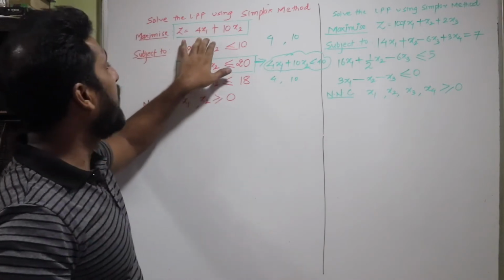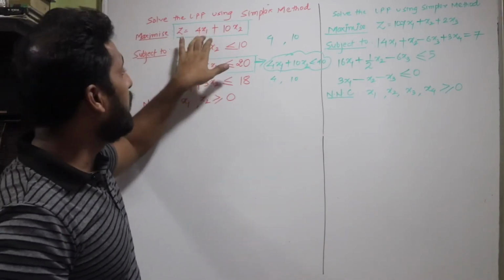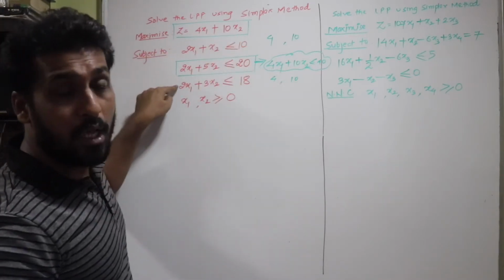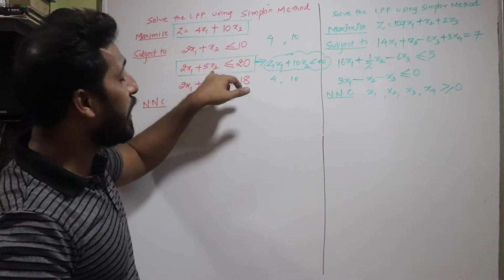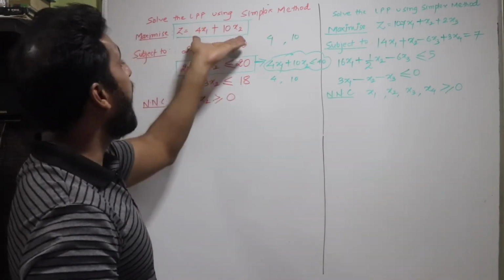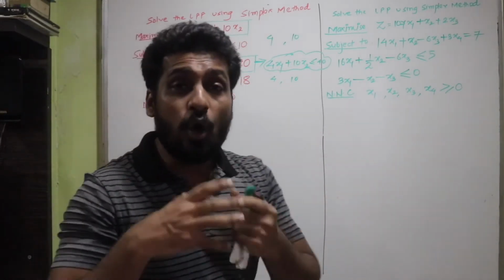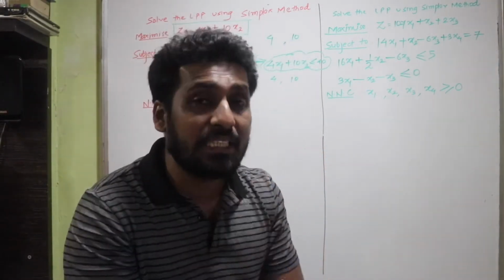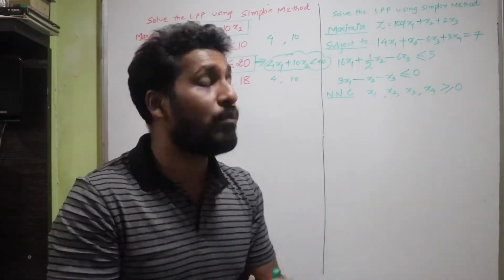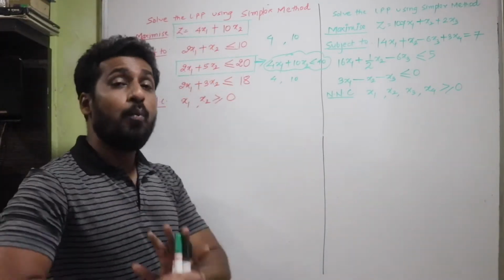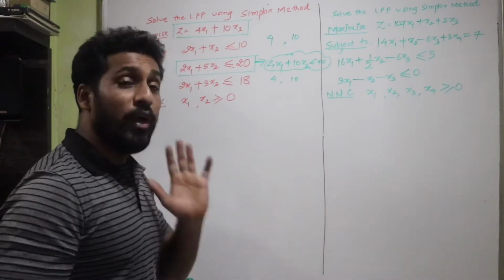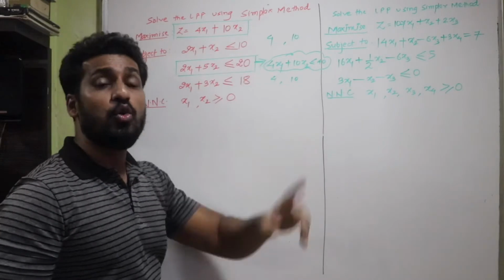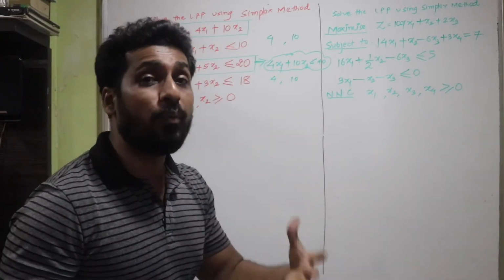When you observe that this objective function is 4x1 + 10x2 and there is a subjective function where the coefficients of x1 and x2 are exactly the same as your objective function, so the objective function and the subjective function have the same coefficients of the decision variables, whenever this happens, be very sure that there will be multiple points giving the optimum solution.